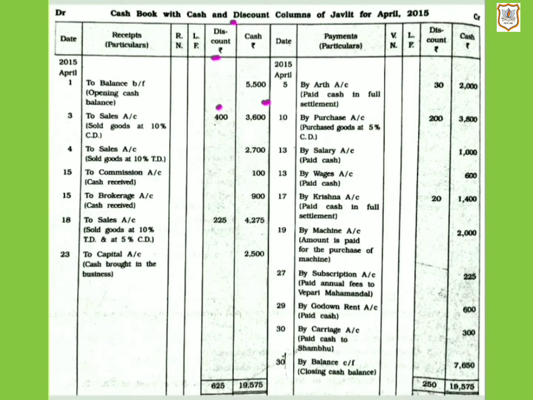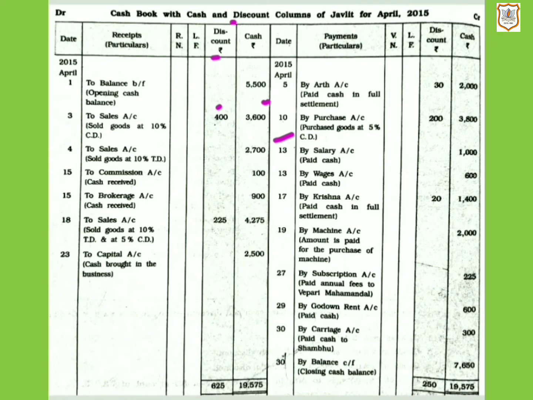We show only cash discount separately. We never show trade discount separately, but we deduct it. So as we are allowing 10% trade discount, so we will get only 2,700 cash. So here we will record it on cash column, that is 2,700.